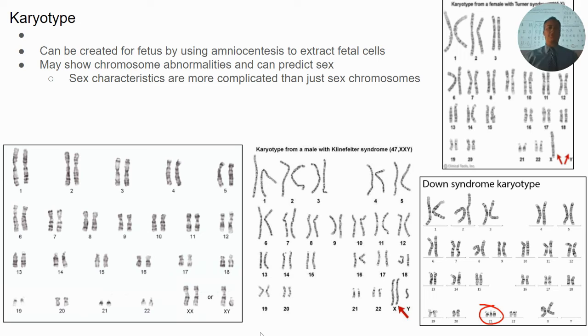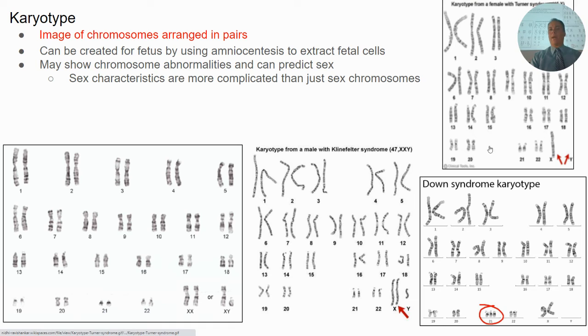Let's finish up with this. Sometimes the genetic counselor or an obstetrician can make what's called a karyotype. A karyotype is basically they take a picture of the chromosomes a person has and then cut them out and align them by size, longest chromosomes to shortest chromosomes.